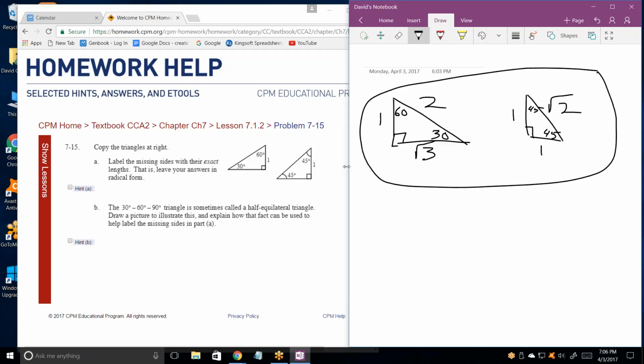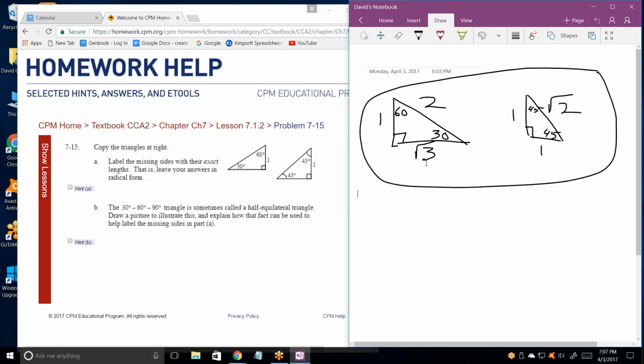When it says label the missing sides with their exact lengths, that means they do not want a decimal answer. A decimal answer is an approximation. It is not exact. The exact length is square root of 3 and square root of 2 in this triangle.